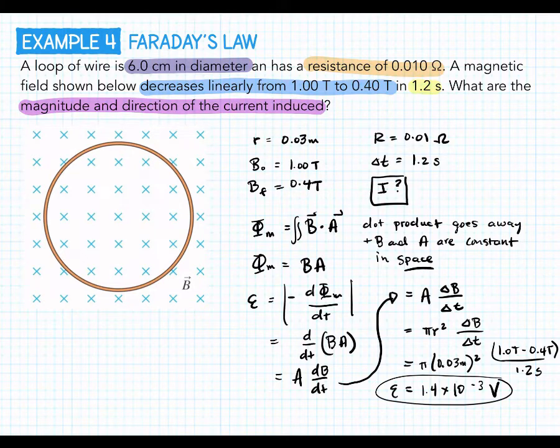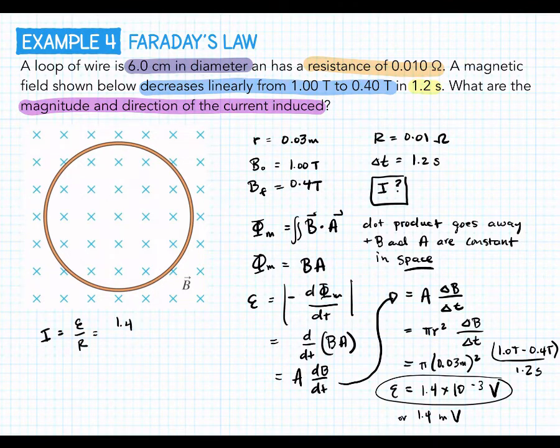And so we plug all these numbers in, and we get an EMF of 1.4 times 10 to the negative 3. What are the units on that? Yes, that is volts. So that's our EMF, but what are we looking for? Current.